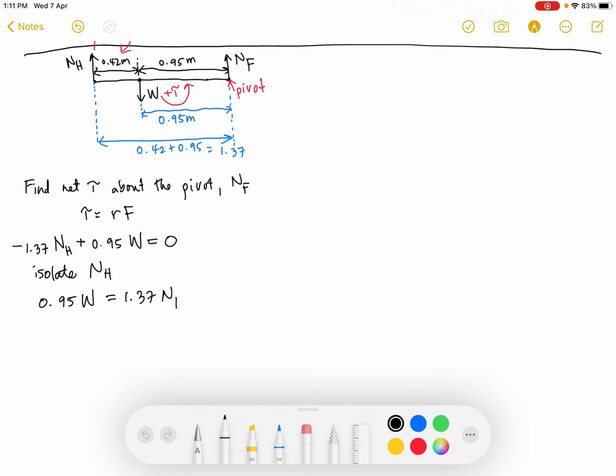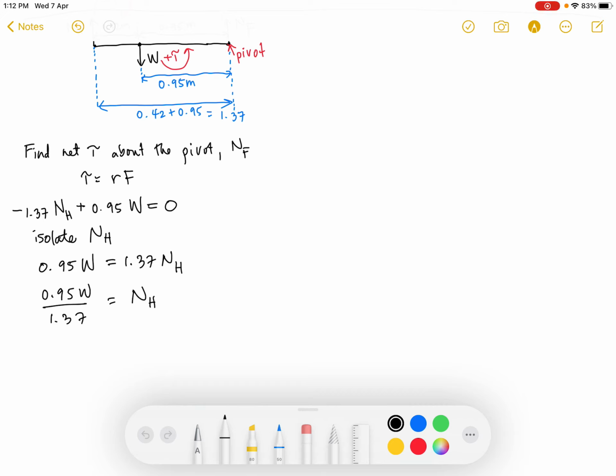I divide both sides by 1.37. In order to isolate NH, I just flip this so NH is on the left side.